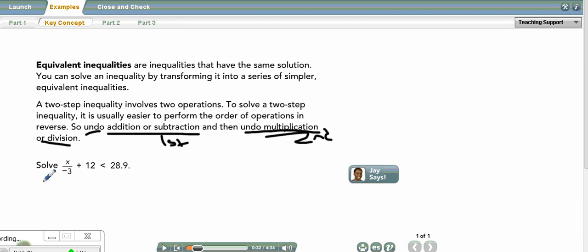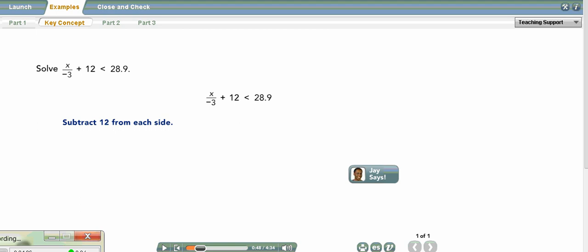Okay, so if we're looking at this, what is the first thing I need to do over here? What is being added or subtracted? That's right, positive 12. So if I'm adding 12, what would I do? I'm going to subtract 12. That is correct. So as we can see, we have the equation.